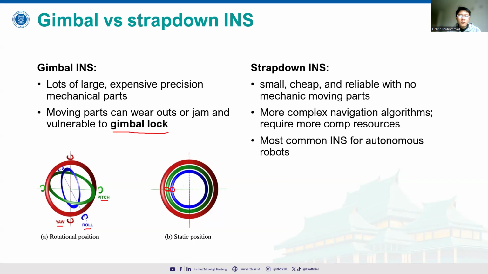We have to combine it with other sensors as well. We're not going to change it to strap-down because it's cheaper, and it's complex to derive the equations, and it's not as stable as the one that we have here in the gimbal. But yes, we can integrate it with other sensors.